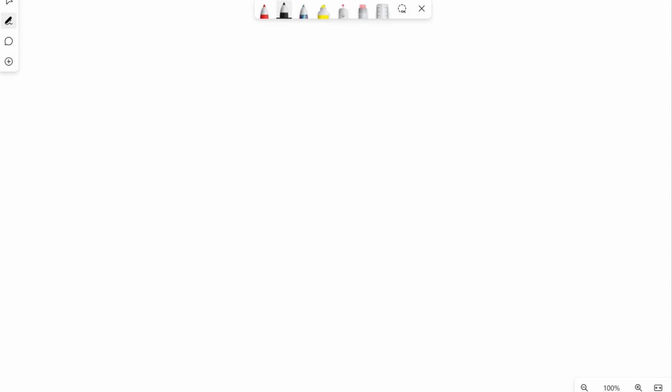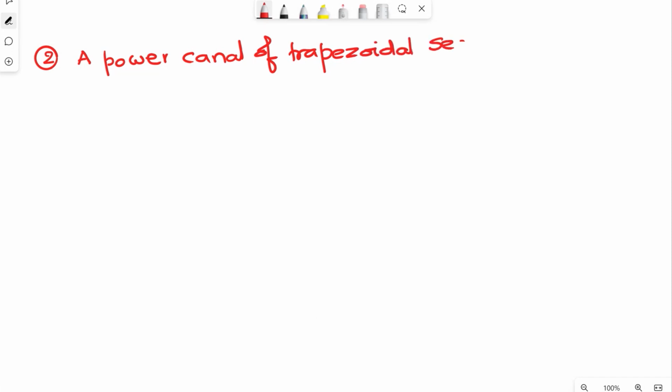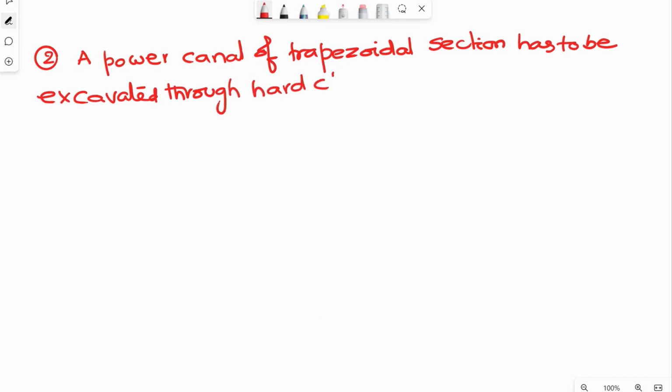Any tutorial channel section, if you take it, I will do one more problem also. The second problem: a power canal of trapezoidal section has to be excavated through hard clay at least cost.